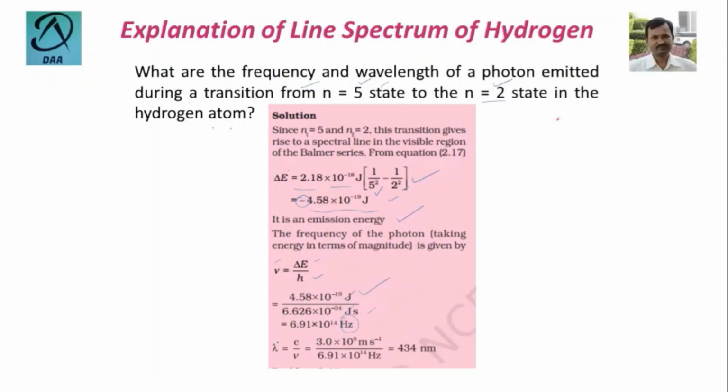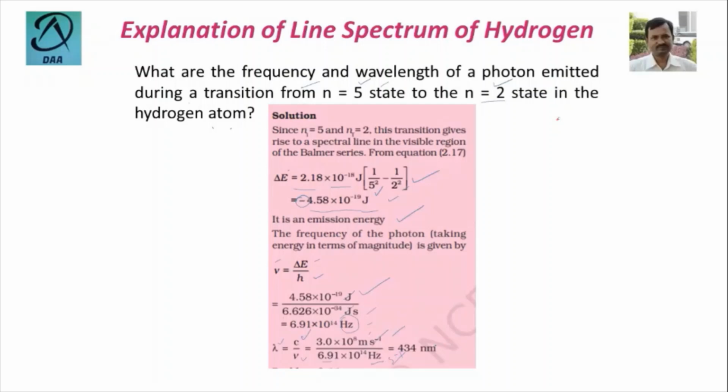Now to find lambda, that means wavelength. Wavelength, again we know, is the velocity of light divided by the frequency. So now we know the frequency here, and c is always constant, 3.0 multiplied by 10 to the power 8 meters second inverse, divided by the frequency, which we calculated just now. What is the value? 6.91 multiplied by 10 to the 14 hertz. Hertz is nothing but second inverse. So second inverse will cancel, and then ultimately meter will come.